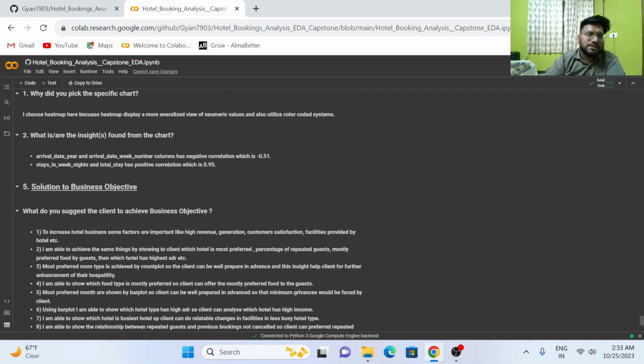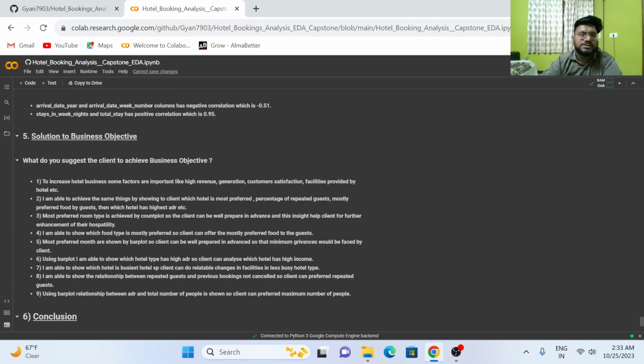Next would be the solutions we can suggest to the business. First, they would need to increase the hotel business, considering important factors like revenue generation, customer satisfaction, and facilities provided by the hotel.